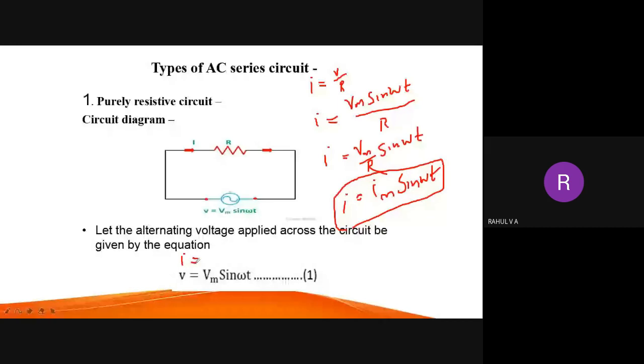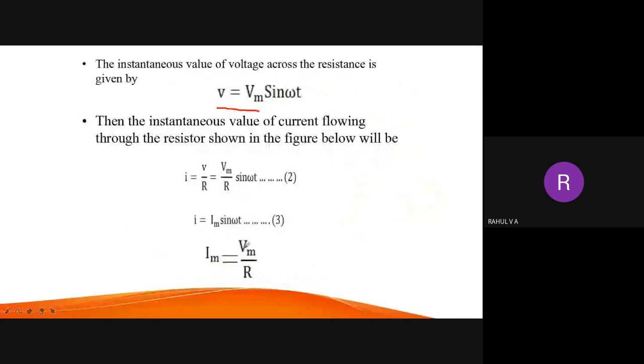The voltage equation was V is equal to Vm sin omega t, and the current equation is I is equal to Im sin omega t. So that is what we got here, where Im is equal to Vm divided by R.